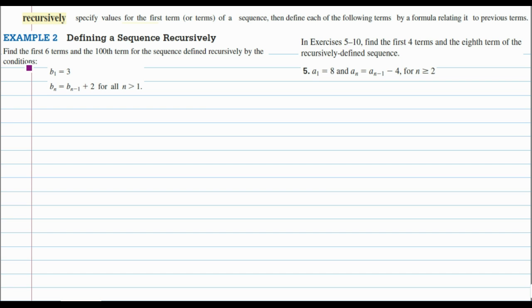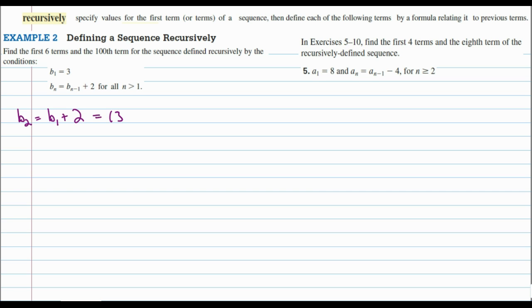So for example 2, we're supposed to find the first 6 terms and the 100th term for the sequence defined recursively by the conditions b1 equals 3, and then after that, any item in the sequence is defined by adding 2 to the previous entry. So b1 equals 3, that means b2 is going to equal b1 plus 2.